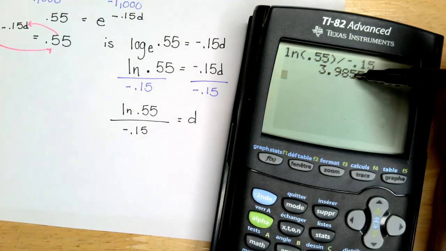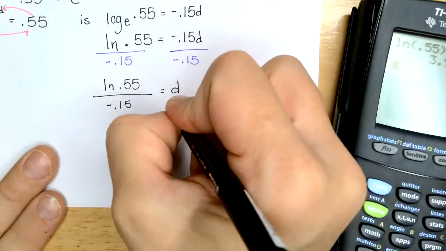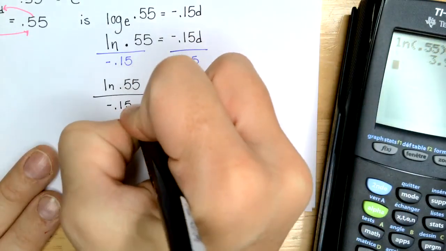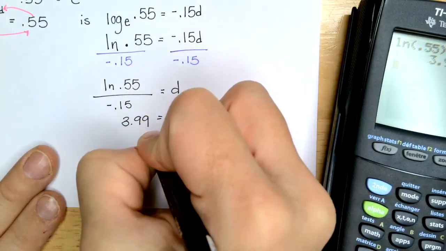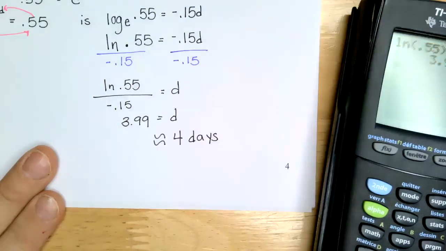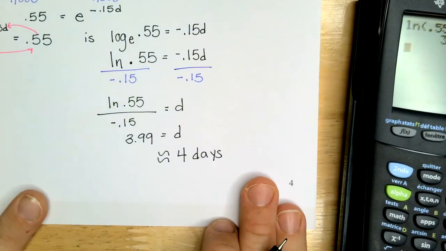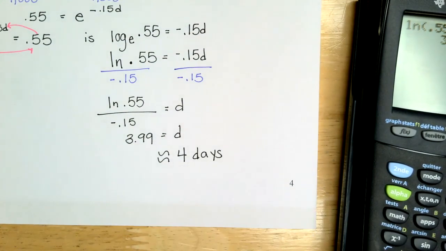And if I rounded that, it'll be about 4 days. So I'd say about 4 days for 450 out of 1,000 people here. Right? And that is the last example.